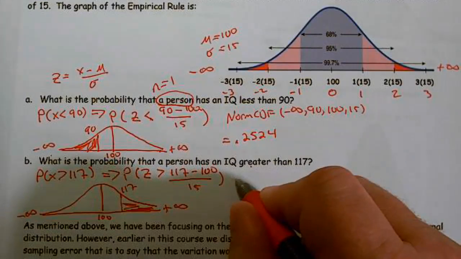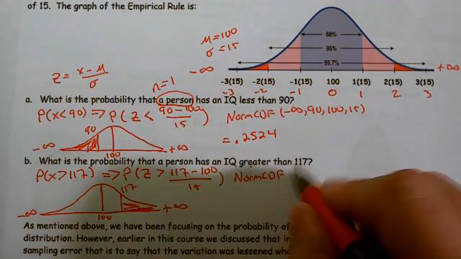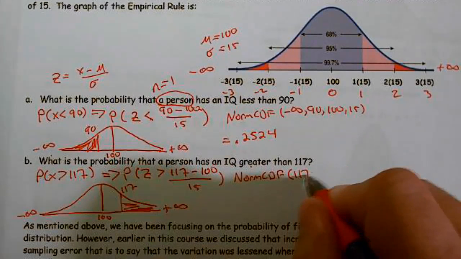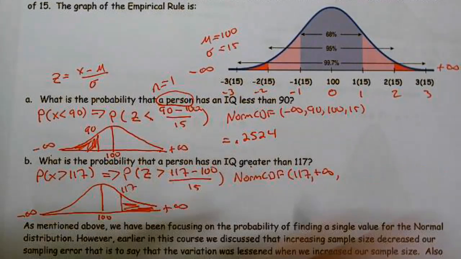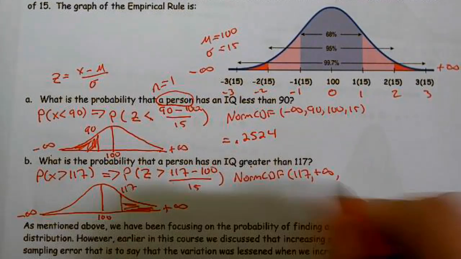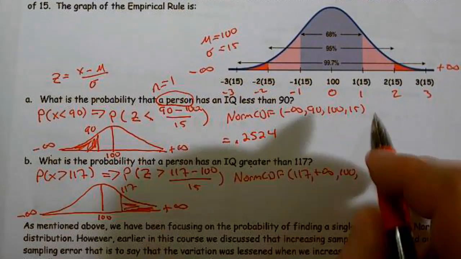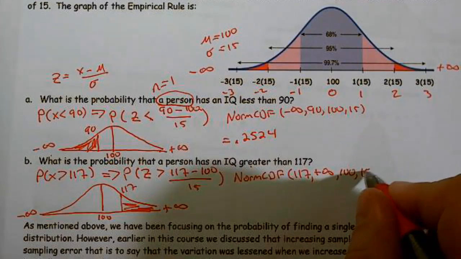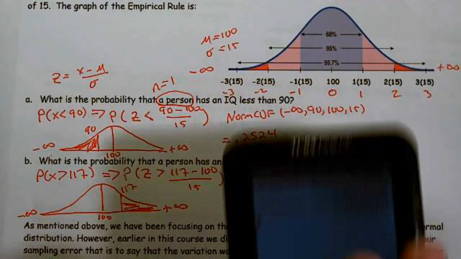So my calculator part would be normal CDF with a lower of 117 all the way to positive infinity, with a mean of 100 and a standard deviation of 15. So let's go ahead and run that one.